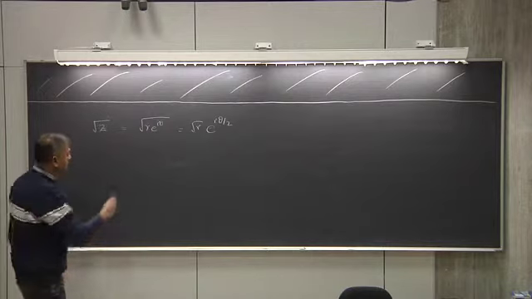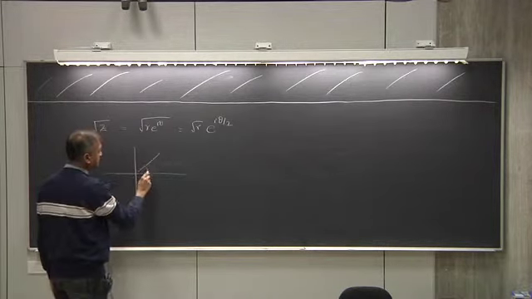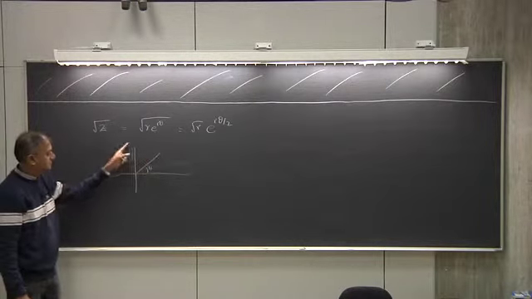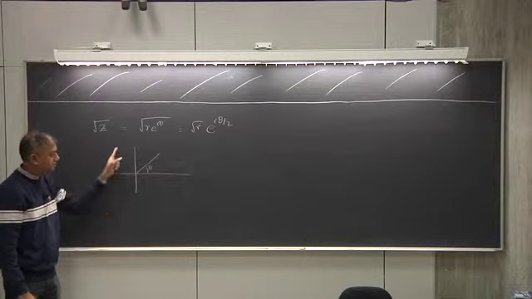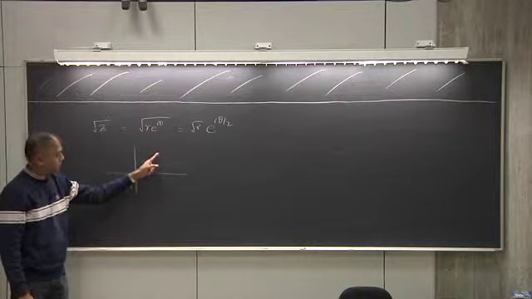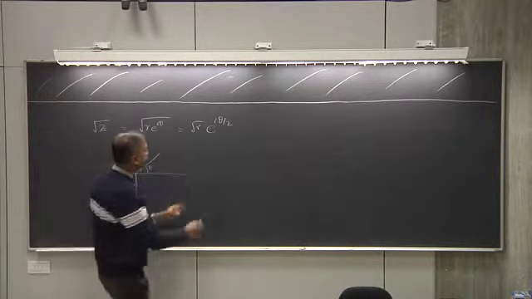Now suppose z is some point here with some angle theta. As you move this point around the origin and come back, theta will go to theta plus 2 pi. So what's going to happen to this?